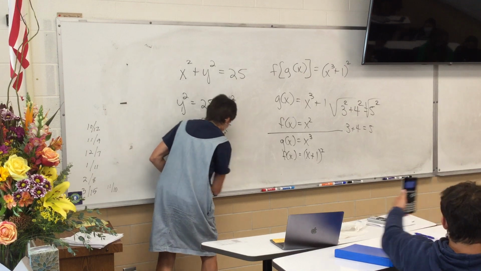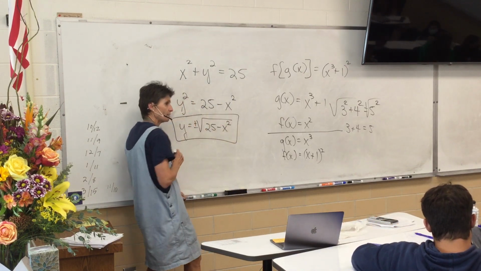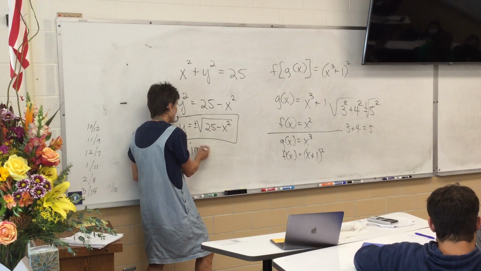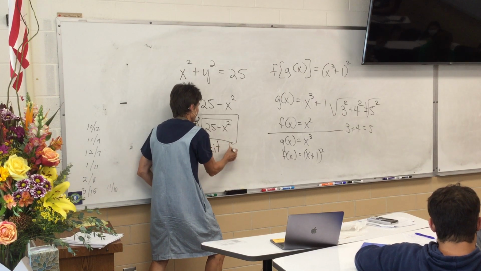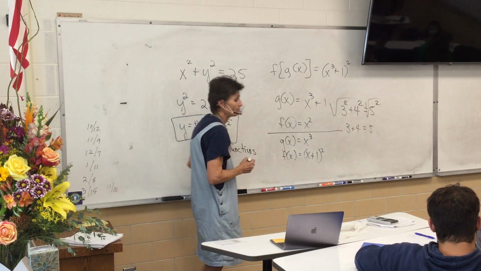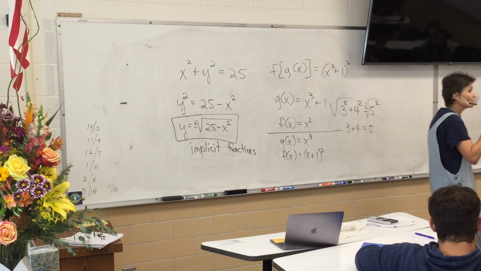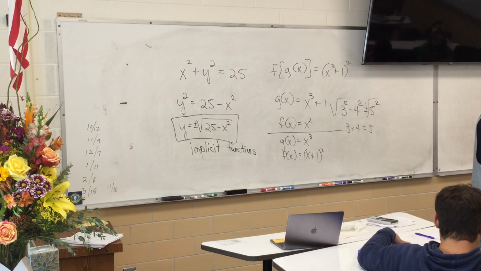Here's the deal. These two equations that you typed into your calculator are called the implicit functions. Your job was to find the implicit functions, and you just did. You can't graph the whole circle at once.